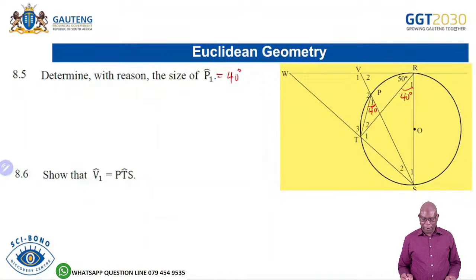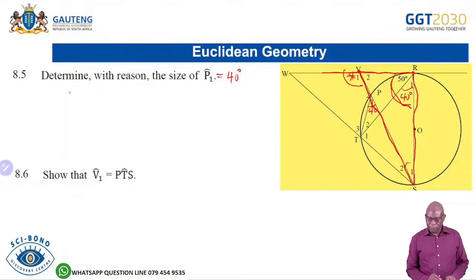Show that V1. So let's check. V1. That angle here, V1. So V1, if I take VRS, S, that angle here, it's 90. And that angle, if I look at this triangle here, V1 is an exterior angle of a triangle.